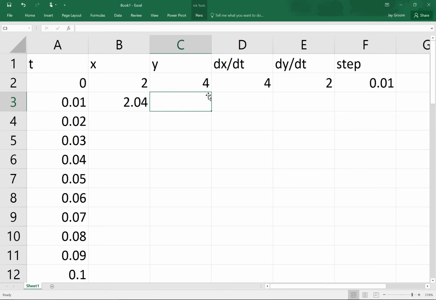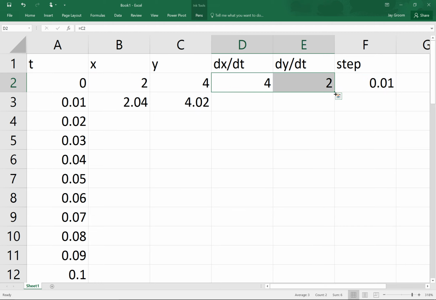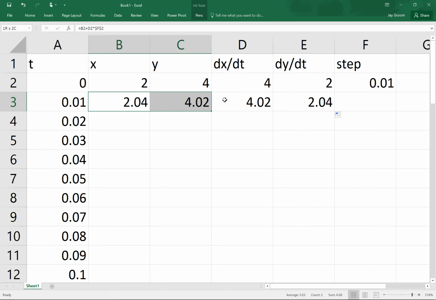And then, of course, this guy is going to be equals this fella plus slope times $sign F $sign 2. Yep, that's good. And bring these two, highlight them down like so, grab them all.